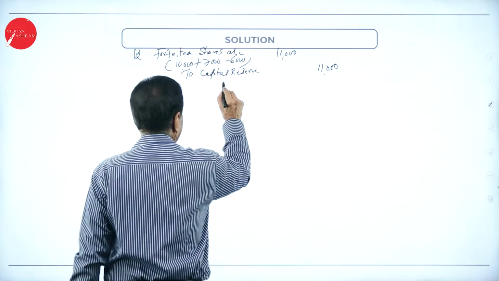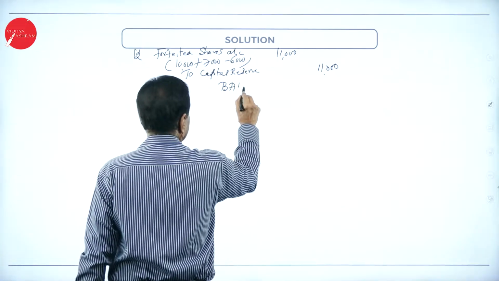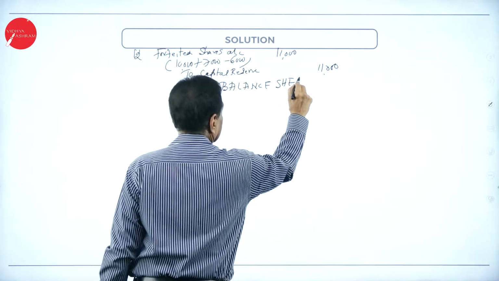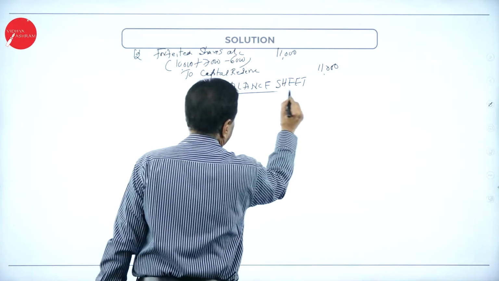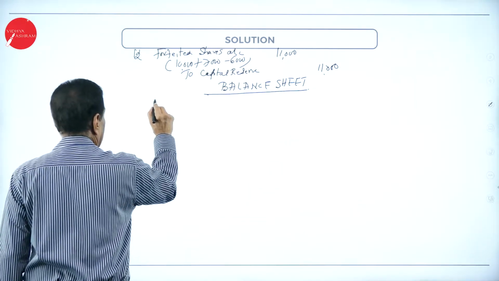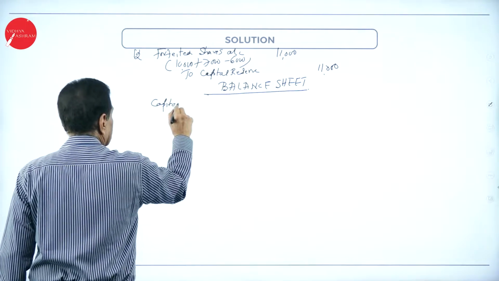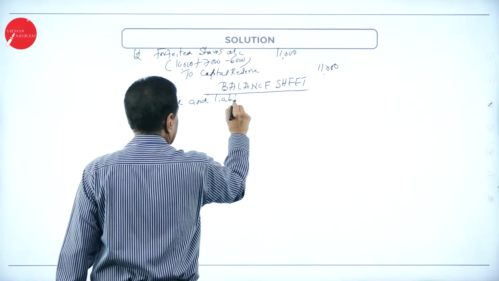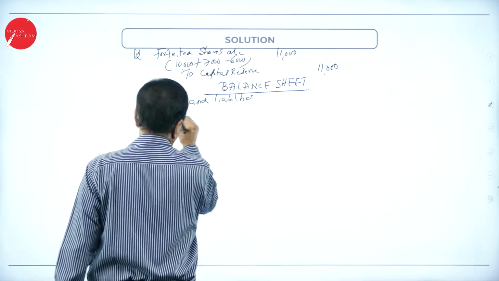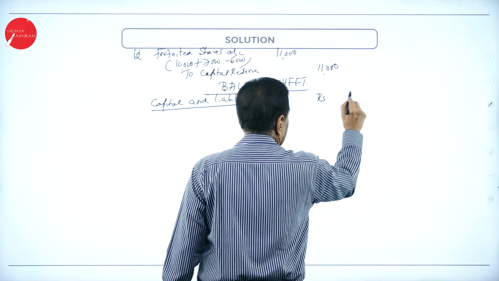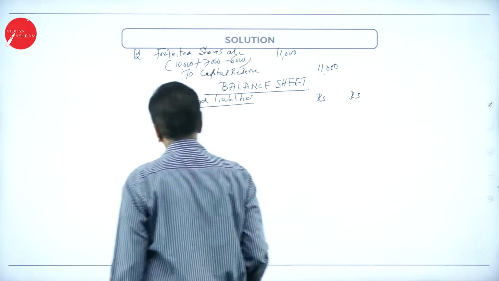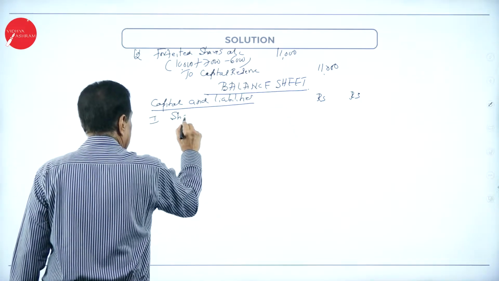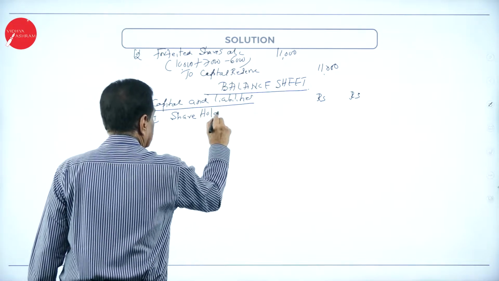Now the balance sheet. Balance sheet. This is capital and liabilities. Shareholders' fund.